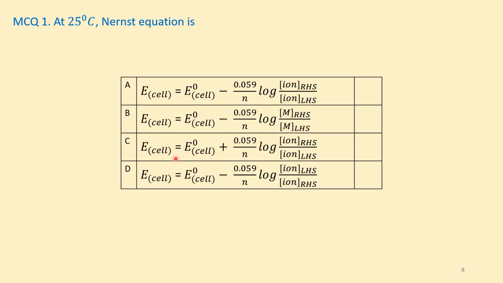Option C is E of cell is equal to E naught cell plus 0.059 n into log of ion on the right-hand side divided by ion on the left-hand side. Option D is E of cell is equal to E naught cell minus 0.059 n log of ion on the left-hand side over ion on the right-hand side.